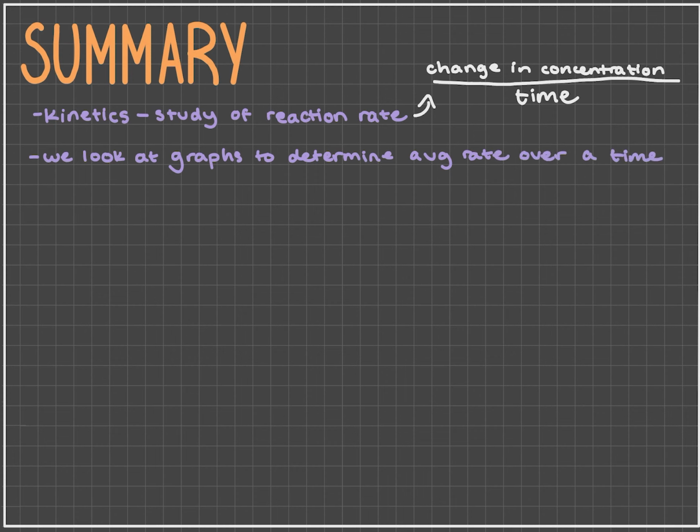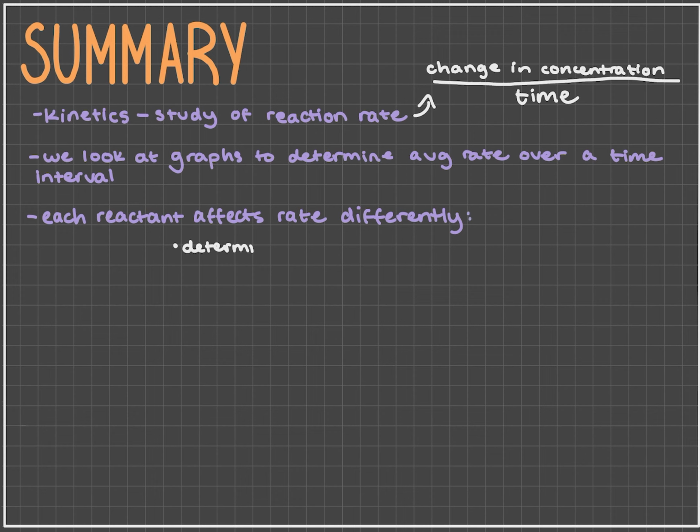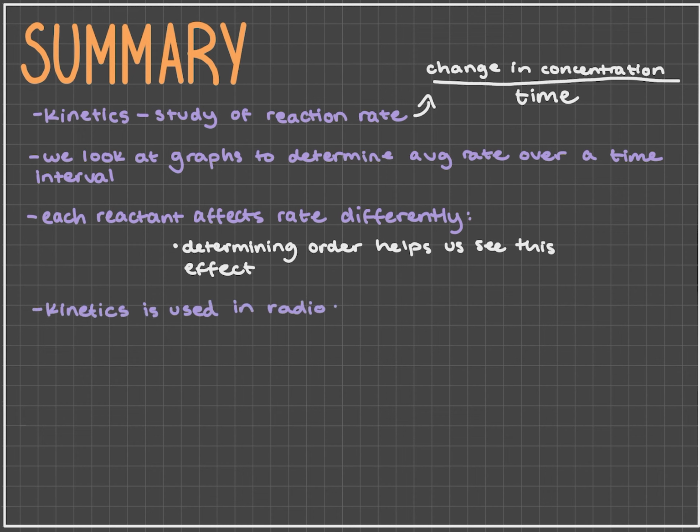In addition, each reactant affects the reaction rate differently, and we can examine how this effect plays out by order. We determine the order of each reactant from experimental data to figure out each reactant's effect on the reaction rate. And kinetics is super important in radiocarbon dating. It's used to measure the rate at which C14 decays in some sample.